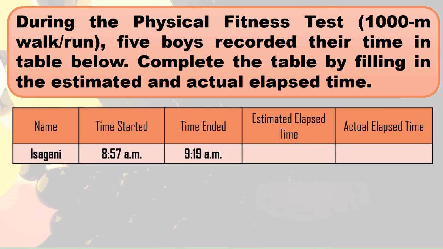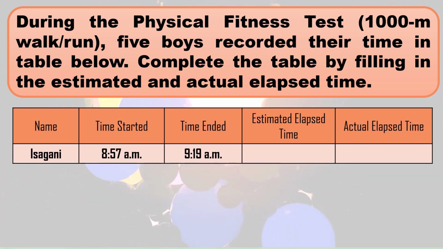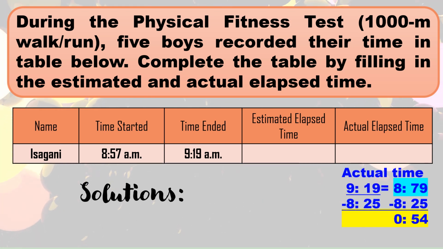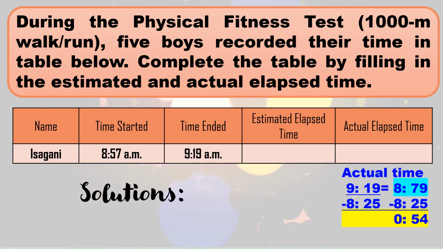The last person is Isigani. Isigani started at 8:57 a.m. and ended at 9:19 a.m. So by the solution of actual time, 9:19 minus 8:25 cannot be done because 19 minutes cannot be subtracted by 25 minutes.